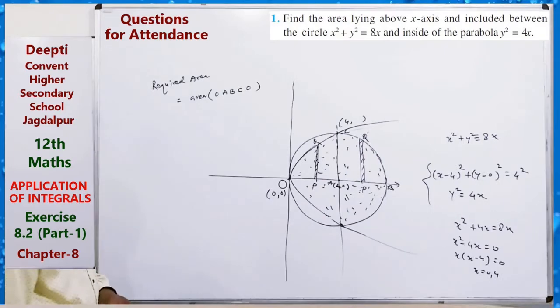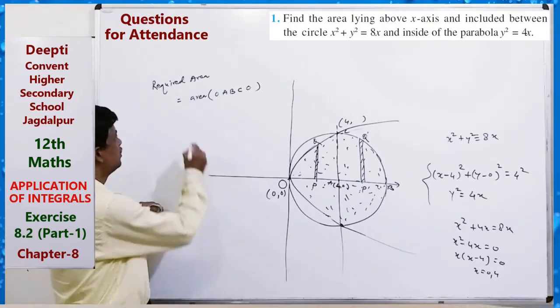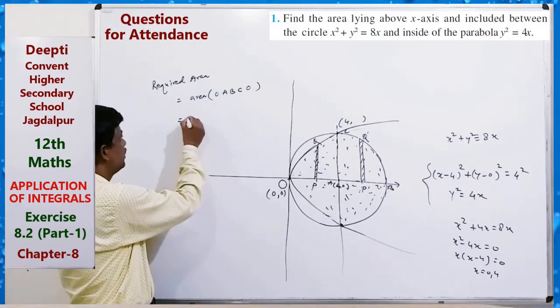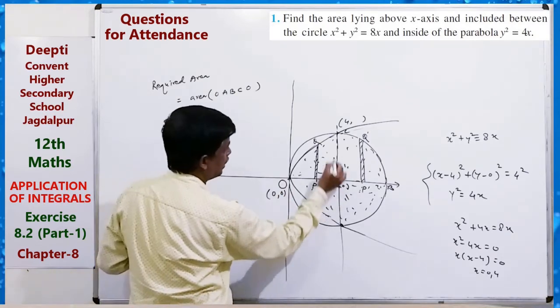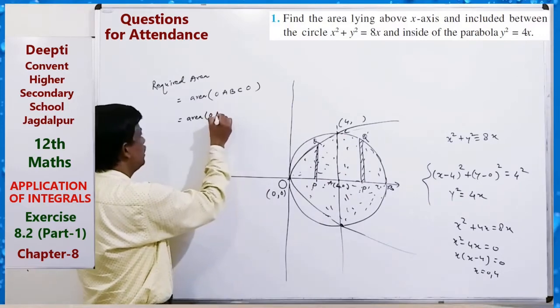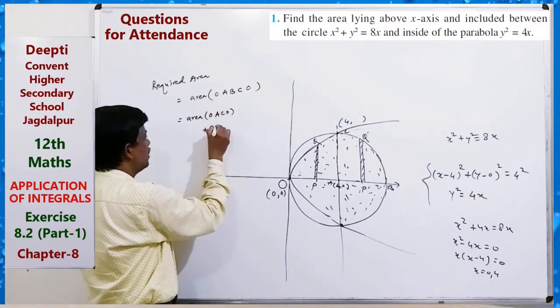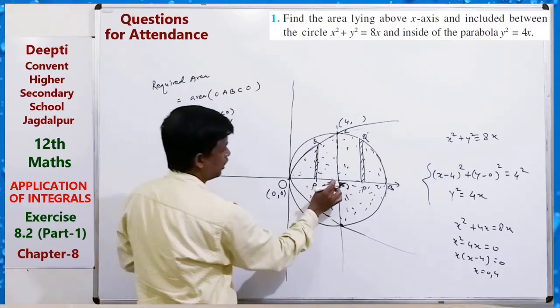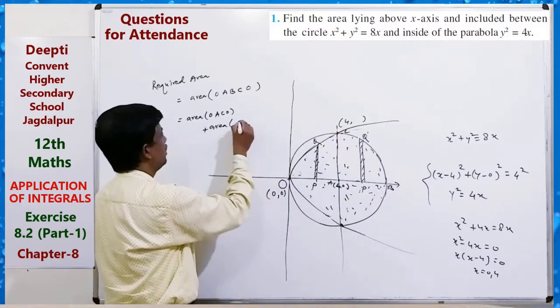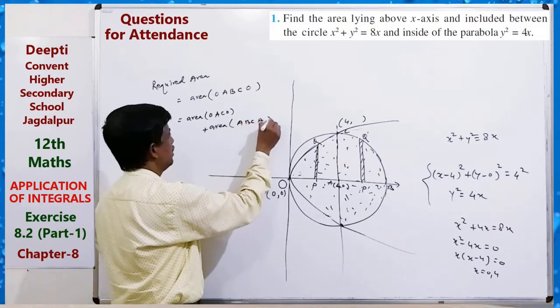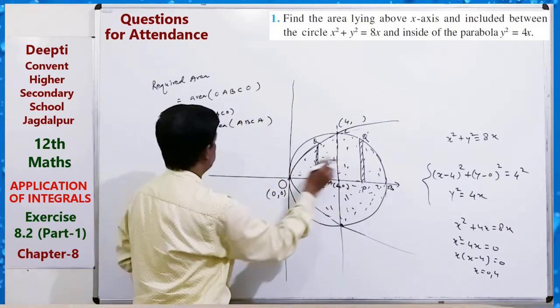Clear? So the upper part is the area of OACO plus the area of ABCA, this part and this part.